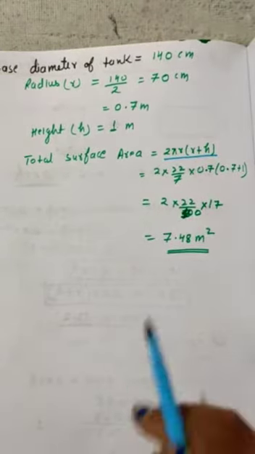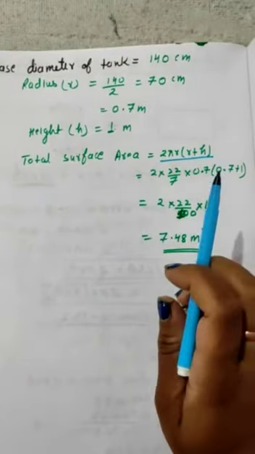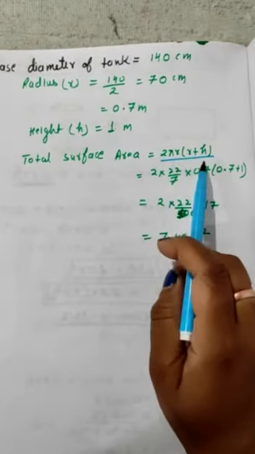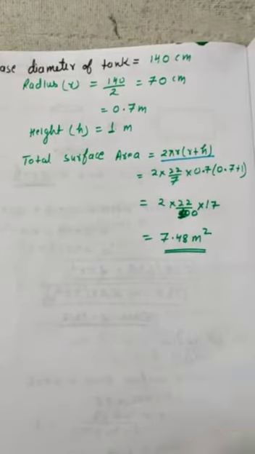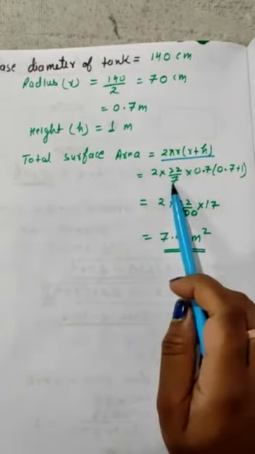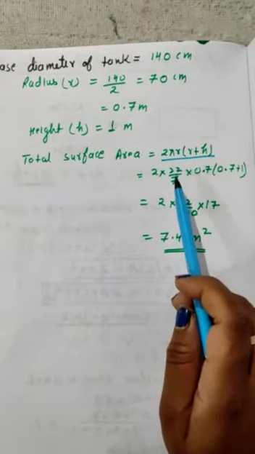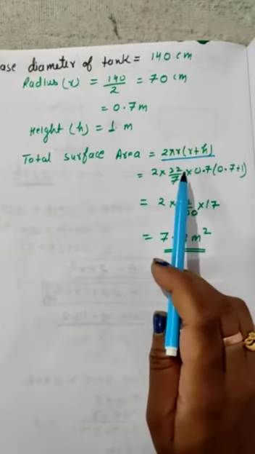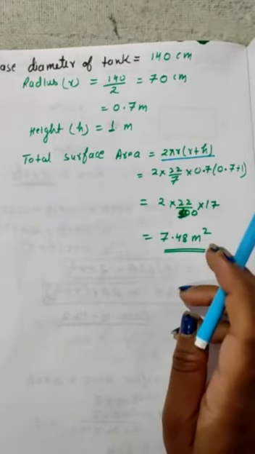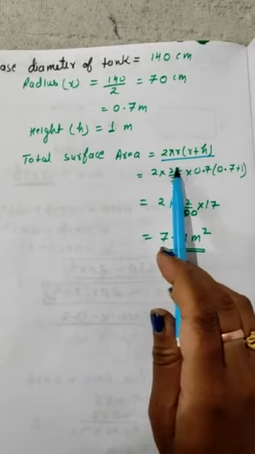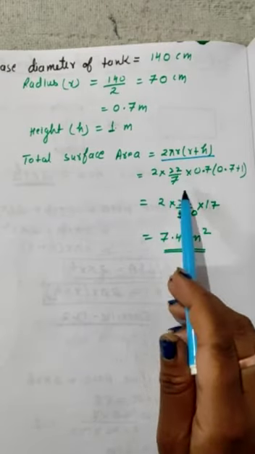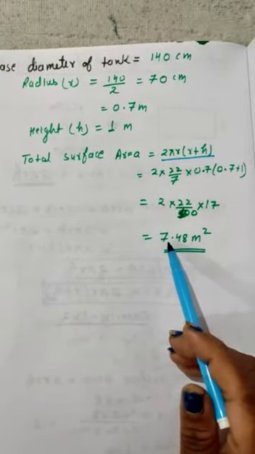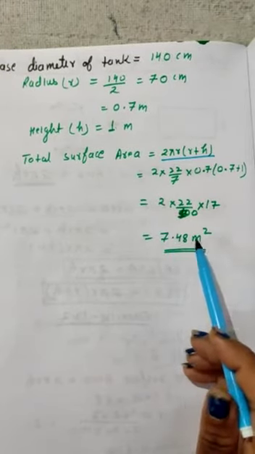You just have to substitute the values. Unless it is mentioned in the question that you take the value of pi as 3.14, remember pi has two values: one is 22/7 and one is 3.14. If it is mentioned in the question that you have to take 3.14, then only take it, otherwise by default you have to take 22/7. So this is the simplified form, and the total surface area is 7.48 meter square.